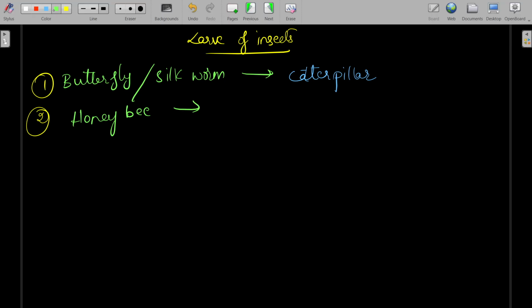The larval stage of honeybee is called grub. Okay. Next, housefly. We all know this. This is maggot.